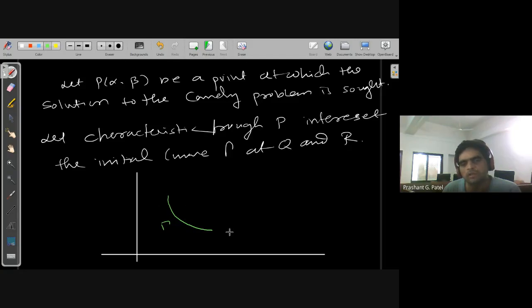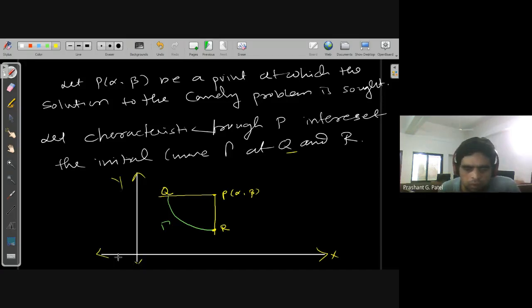Make sure that gamma does not have any tangent parallel to the x-axis or y-axis. We assume the characteristics through the point P of alpha, beta intersect the initial curve at R and Q. Now we define this region D, because I want to apply Green's theorem which we have learned here.